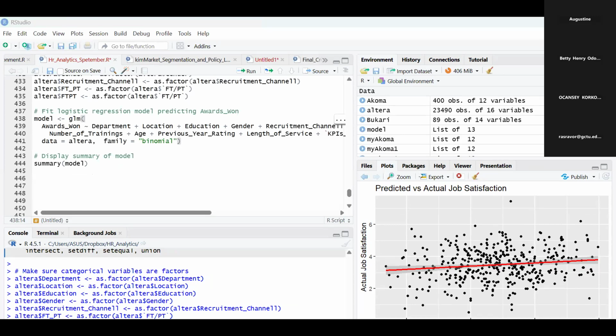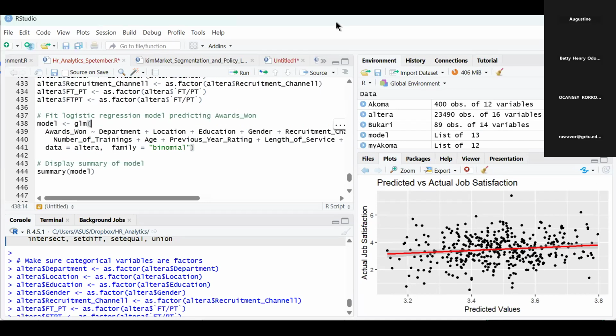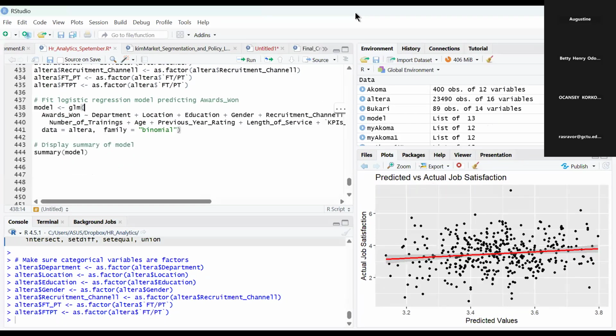Hello, Prof. Yes, please. Where your cursor is, is it a closed bracket? I want to find out if it's a closed bracket. No, it's rather the opening bracket. GLM, then the bracket.